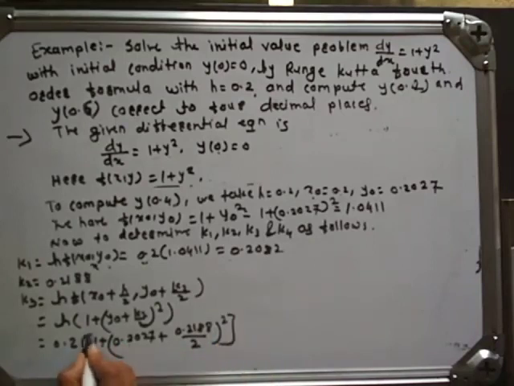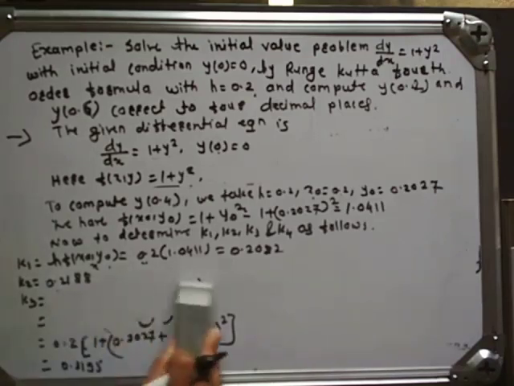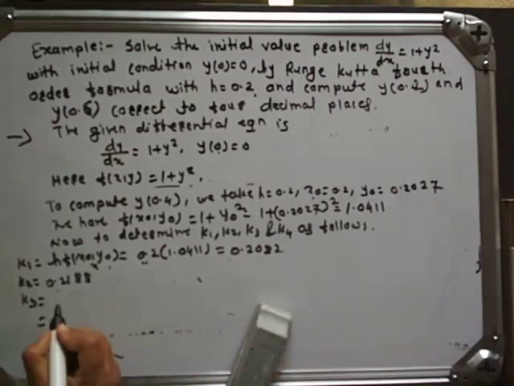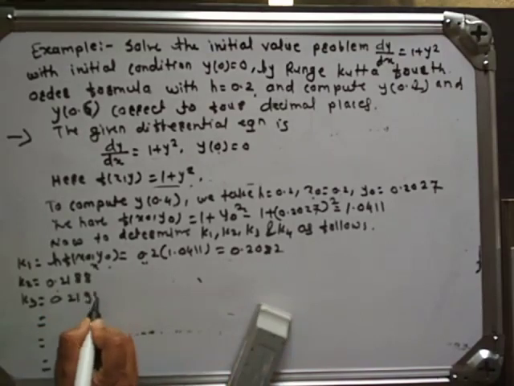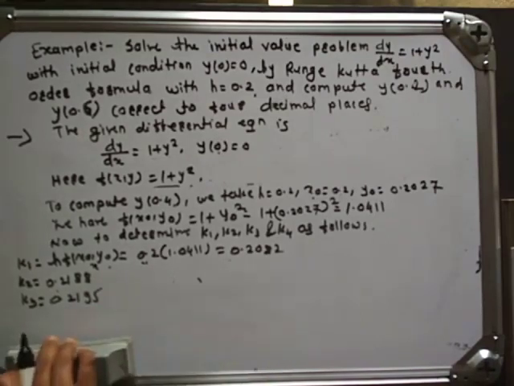So K3 is equal to 0.2195. This is your K3.